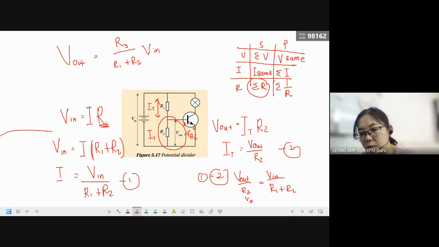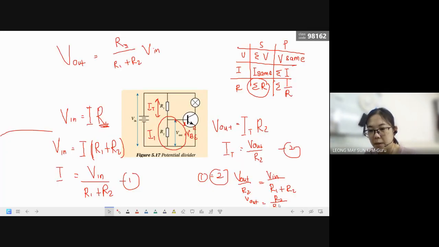So V_out is R2 over R1 plus R2 times V_in. This is how they got the formula in your textbook.